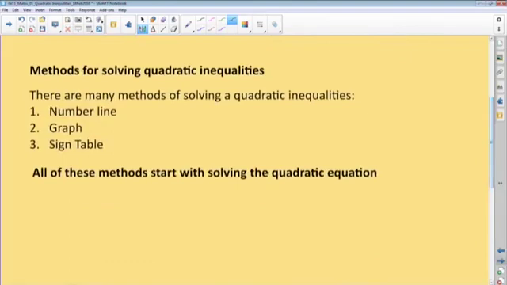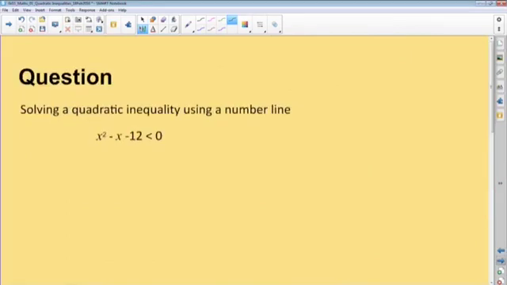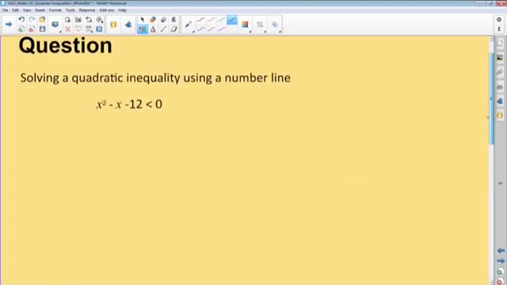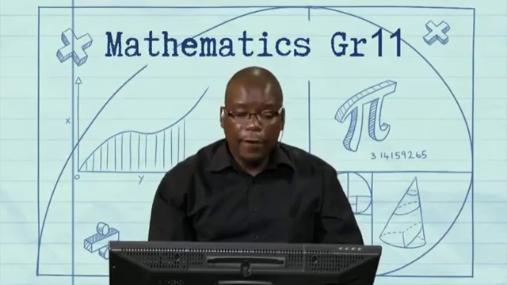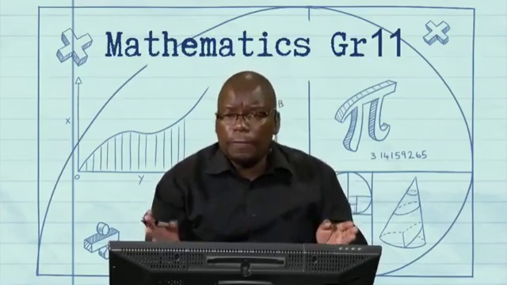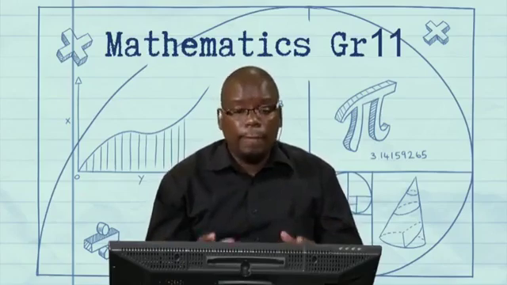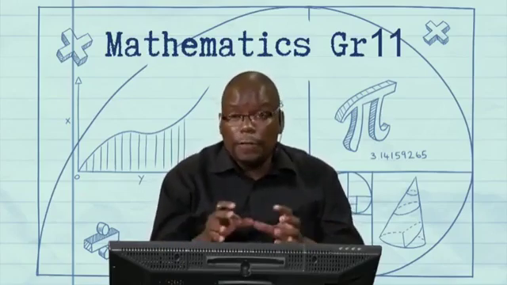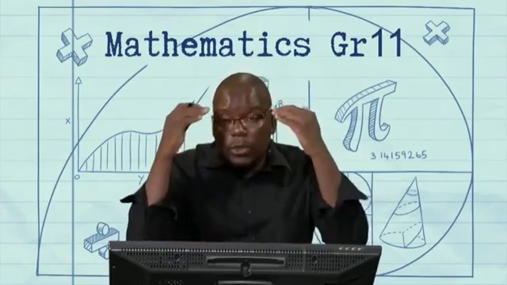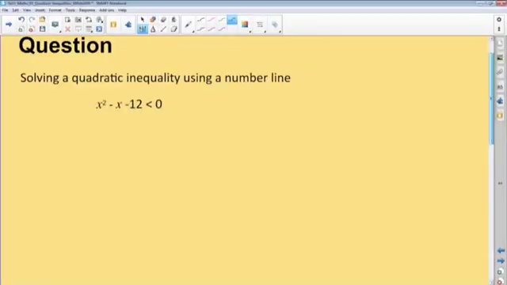And then now, moving on, giving this example, guys: solve a quadratic inequality using a number line, right? First of all, we said all of these methods, you have to first solve the quadratic. In your mind, you are as if solving a quadratic equation.